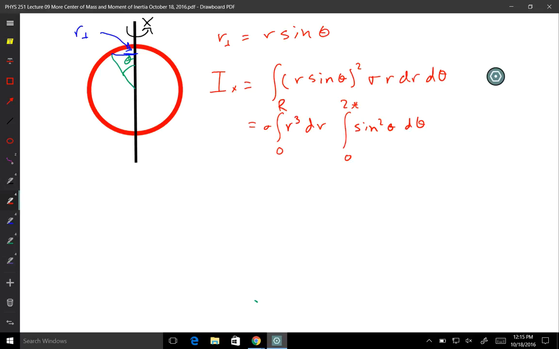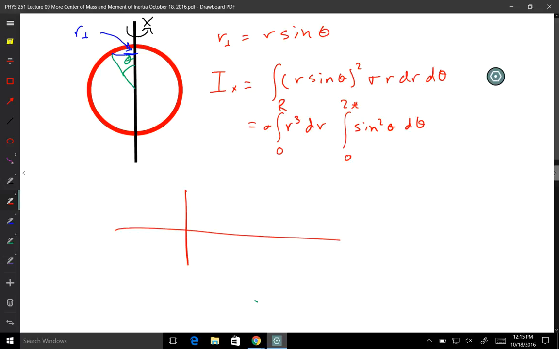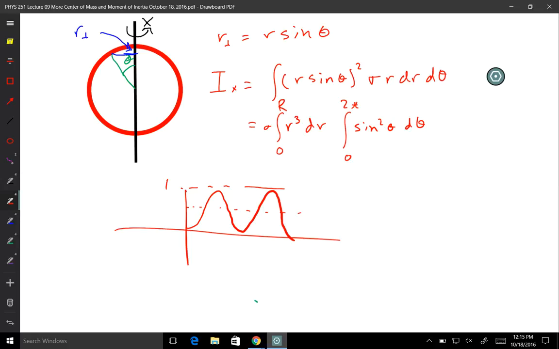If I graph sine squared theta, it goes like this. There's one cycle. It's symmetric about the center point. The top, sine squared theta, is going to be 1, because sine theta goes from -1 to 1, and when you square it, it goes from 1 to 0.